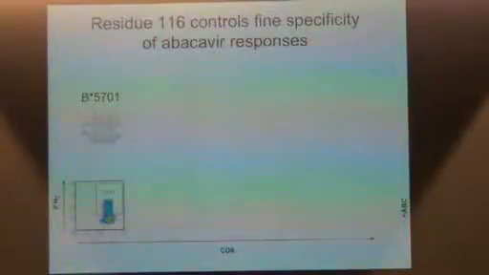So we did some experiments where we showed that T cells can react to this drug when it's added to cells that have the B5701. Here they are reacting in this assay where we measure the amount of interferon gamma inside the cells in response to B5701.